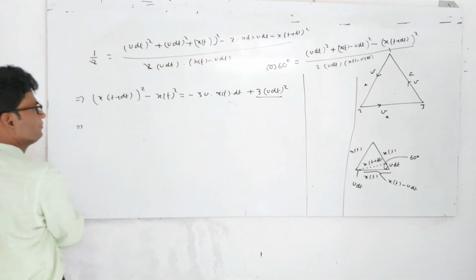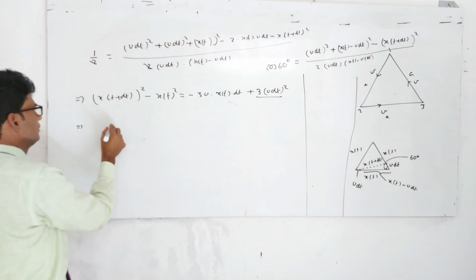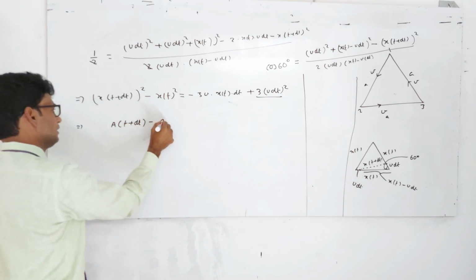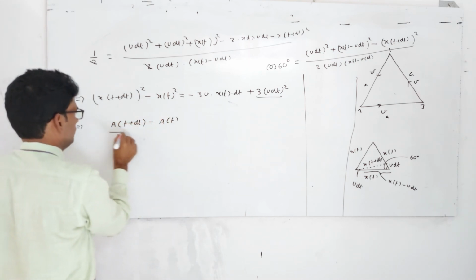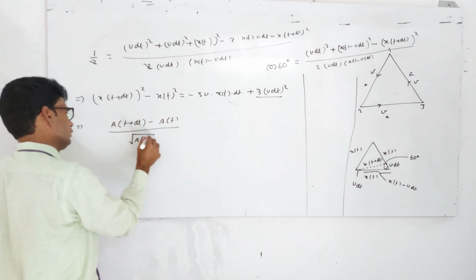So here now, this is a of t plus dt minus a of t over under root of a of t.